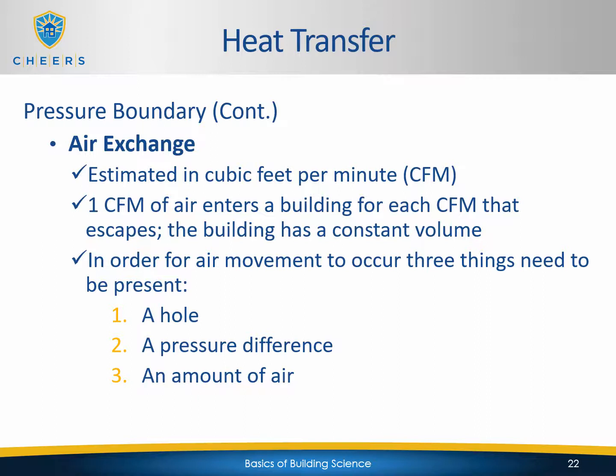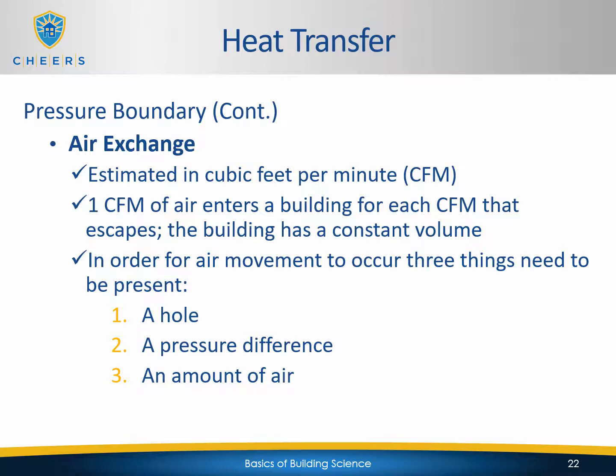In order for air movement to occur, three things need to be present. You have to have a hole, you have to have a pressure difference, and you have to have an amount of air. Those are the three things that have to be in place. Obviously, you have to have a hole, a place for air to go in and out of. You must have a pressure difference, meaning pressure differences drive air movement.